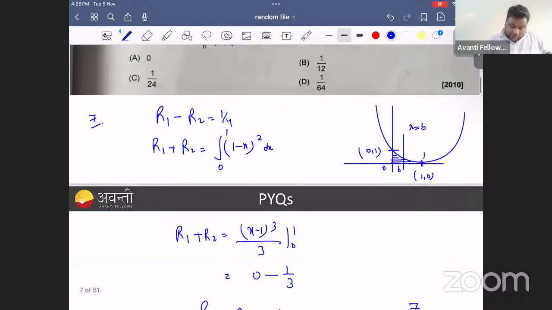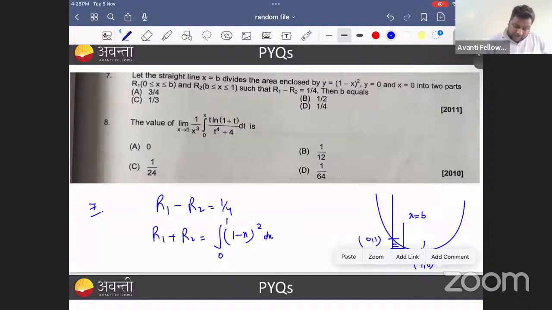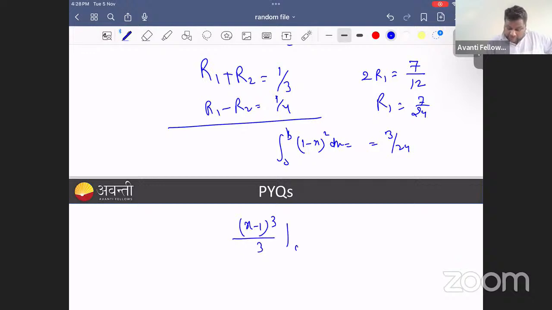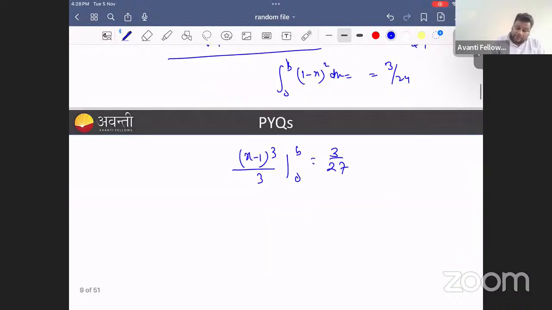Now they are asking for the value of b. R1 is the integration from 0 to b of (1 minus x) whole square dx. So it becomes (x minus 1) whole cube by 3, limit 0 to b.